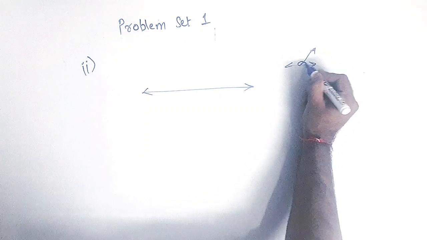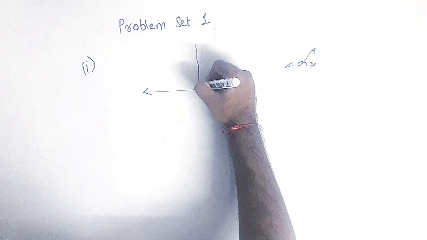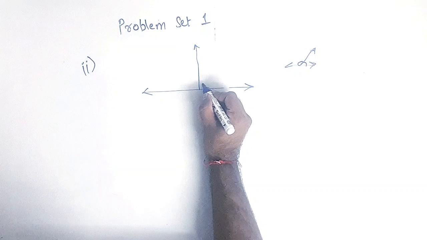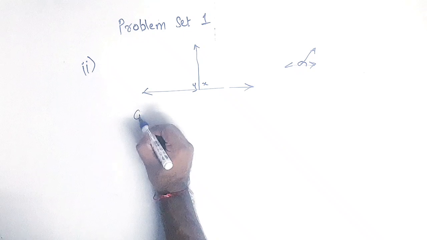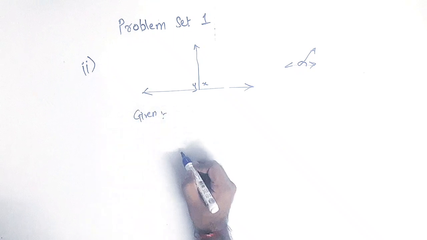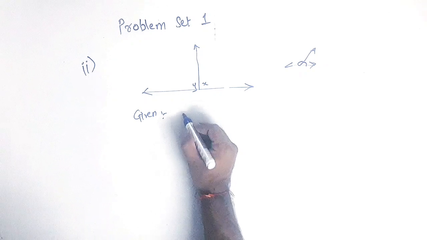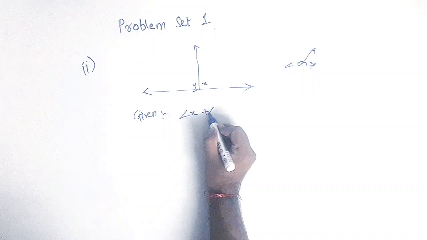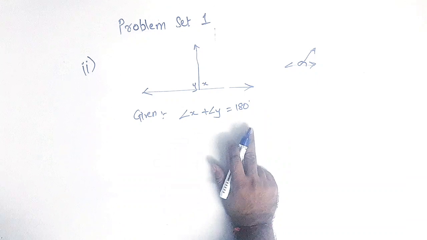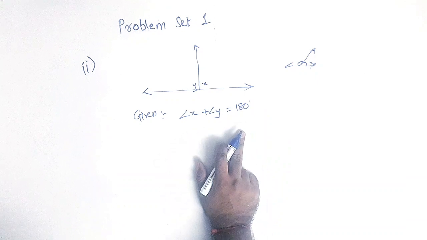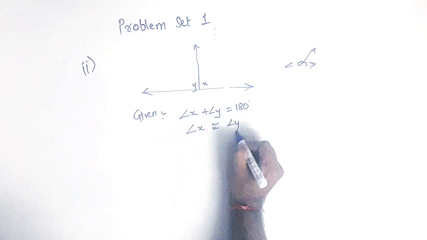These angles are forming a line, but when they are congruent, let us say this angle X is congruent to angle Y. So I'll write given: if angles in a linear pair are congruent, meaning angle X plus angle Y are forming a linear pair, their total is 180, they are forming a line. Are congruent means it is also given angle X is congruent to angle Y.